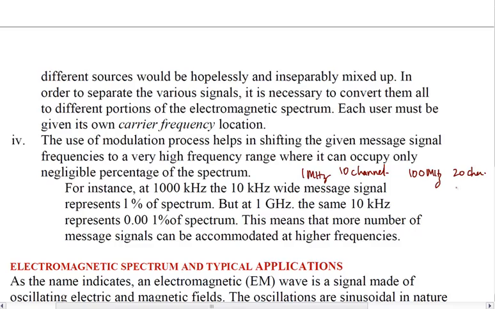Now if you go for 1 gigahertz, you may have, let's say, 200 channels. If you go for 3 gigahertz or 10 gigahertz, the number of channels will keep on increasing. That is why, when we are going from one generation to another, generally we are moving up in frequency.